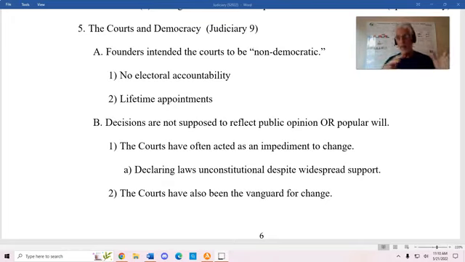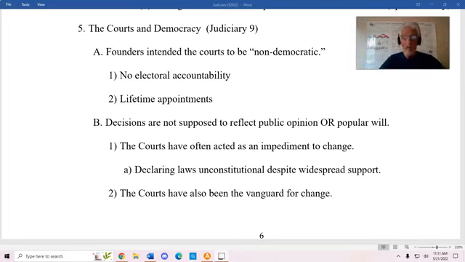There are times when the public's views are moving, but because the courts tend to be a reflection of the last group that was in power, but they're still appointed for a lifetime appointment, oftentimes the public may have moved on, but the people who were in power before got to appoint the judges, and those people's appointees are still in power, right? But the public has moved on. And so they wind up declaring laws unconstitutional, even though they have widespread support.